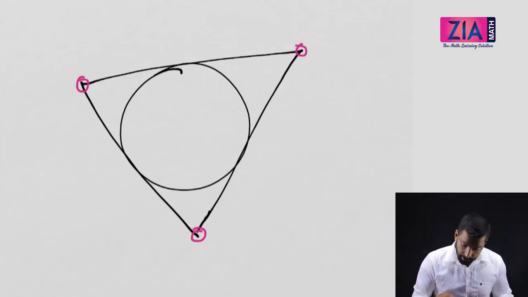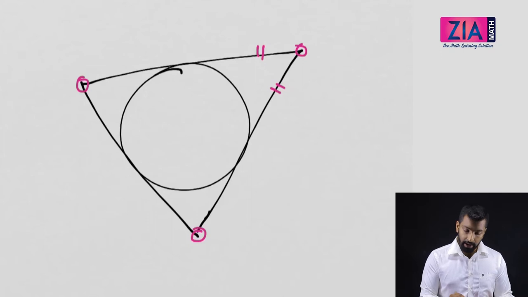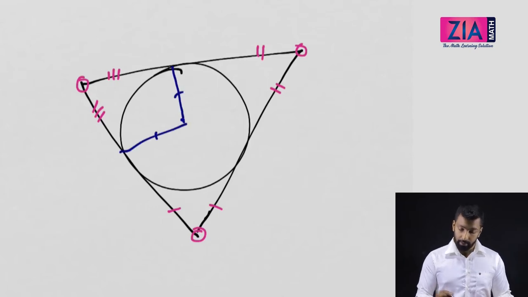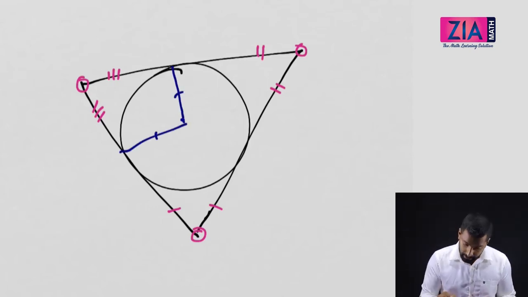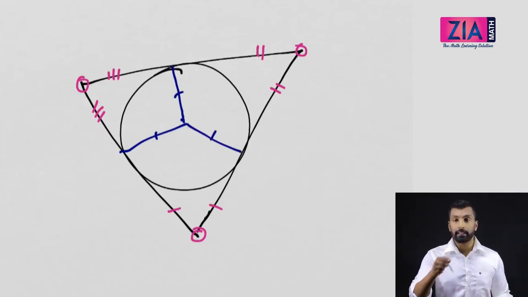Why triangle? Because you are dropping these two tangents and these two are equal anyway. Similarly, these two are equal, right? Then these two are equal. And if you can combine it with the radii of the circle, then these two are obviously radius, right? Then you can drop like this also. So all these three are equal.